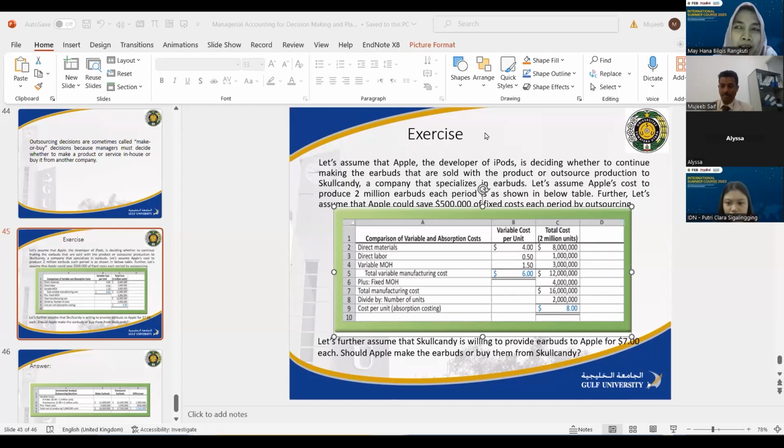And from the investor perspective, can this strategy in managerial accounting be suitable for this corporation?